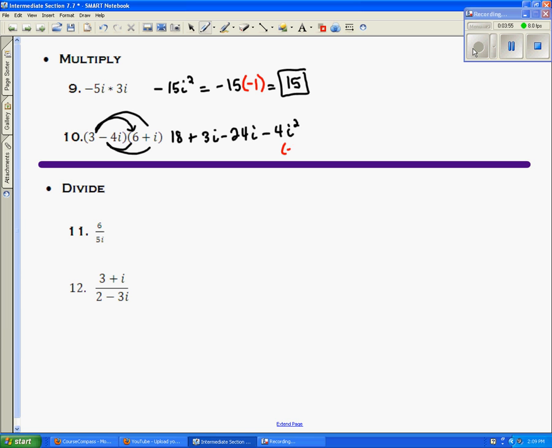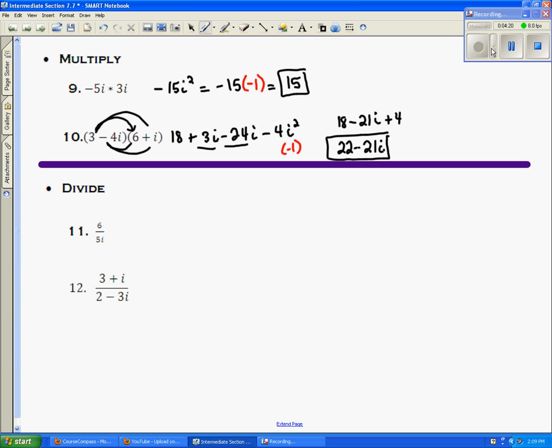We're going to replace this i squared with the -1. We're going to go back and simplify, so we have 18, 3 minus 24 is minus 21i, and then -4 times a -1 is a +4, so we're going to add like terms. 22 minus 21i.